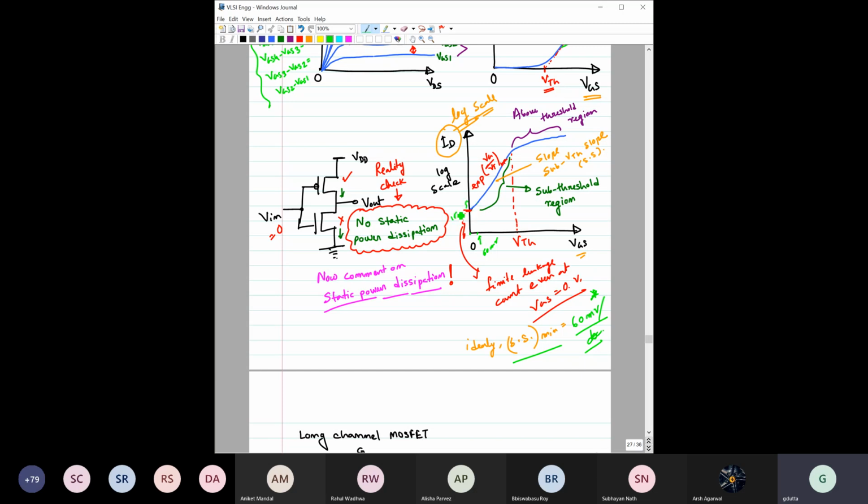Say the current is 10 to the power minus 11; if you change it by 60 millivolt, then the current becomes 10 to the power minus 10. So this is the subthreshold slope, and this is the theoretical limitation: subthreshold slope cannot be below 60 millivolt per decade.